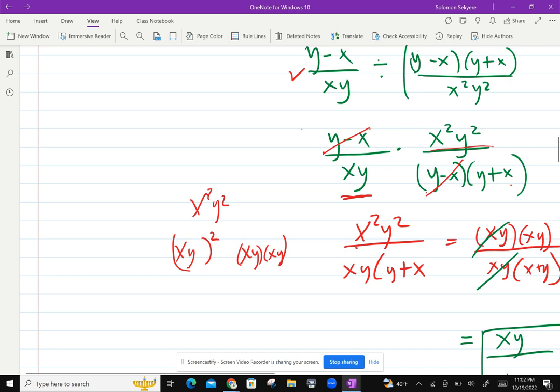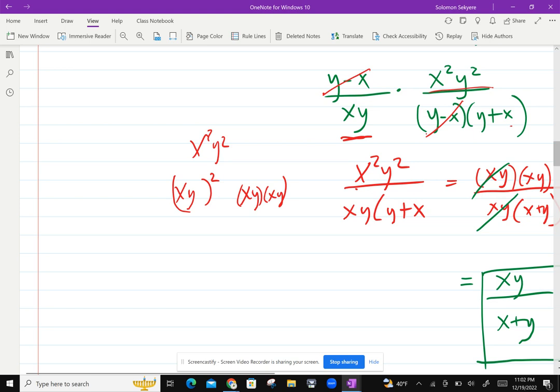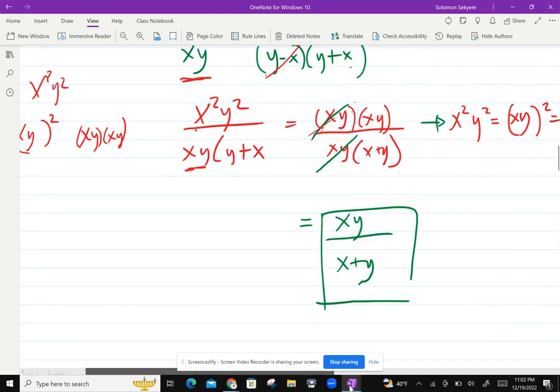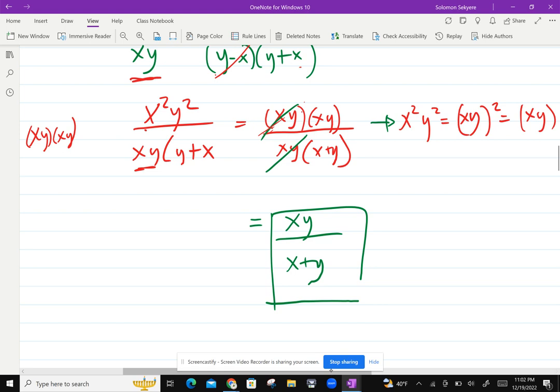So I have xy times xy, and I have xy down here. So what happens? It cancels. xy cancels. What do I have? All I have left on the top is xy divided by x plus y. That's my answer. I'm done.